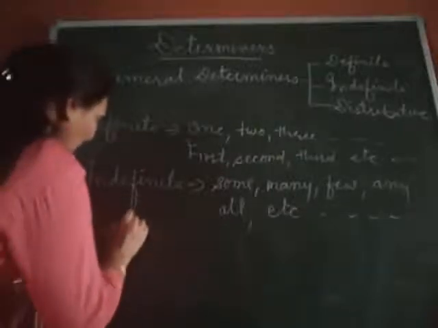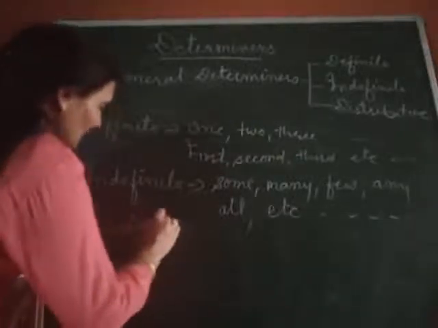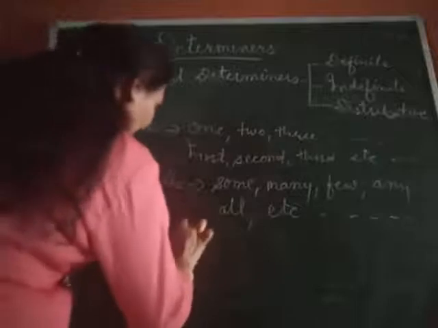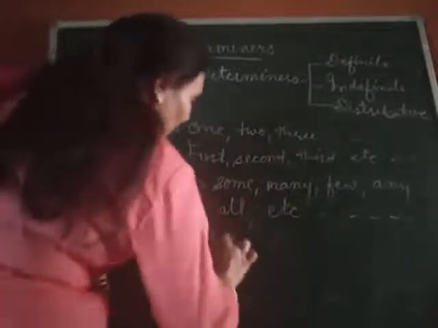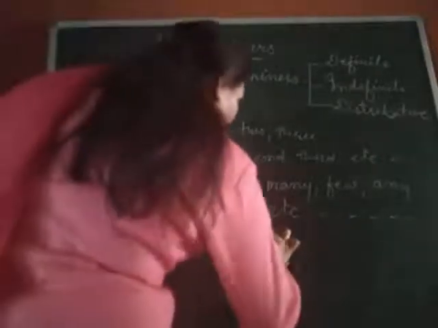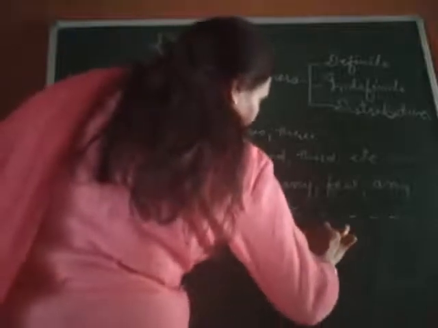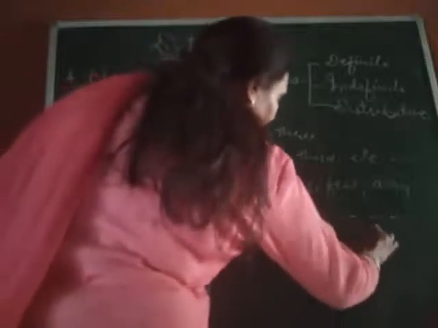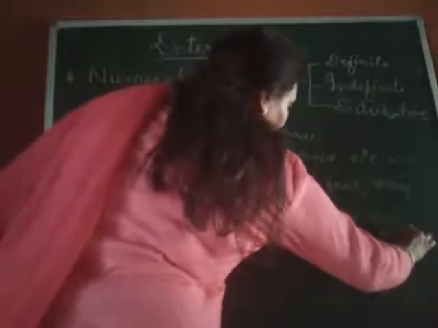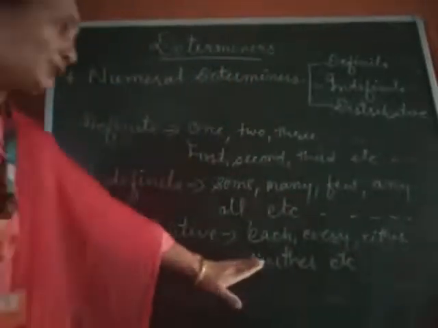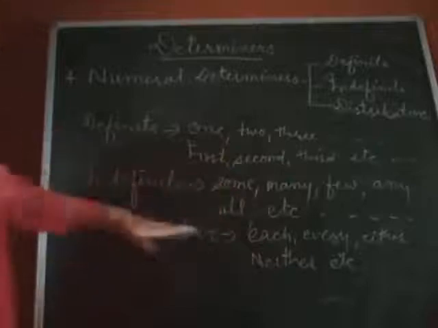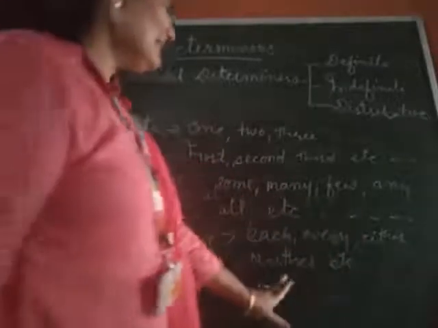And if you talk about indefinite, which make the noun indefinite, means for indefinite you will use some, many, few, any, all, etc. These are indefinite determiners.